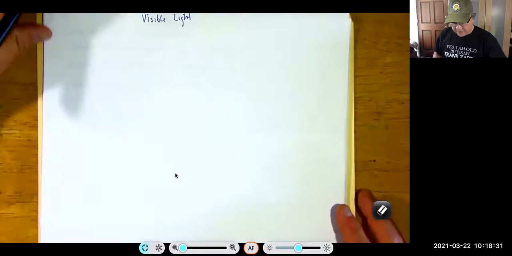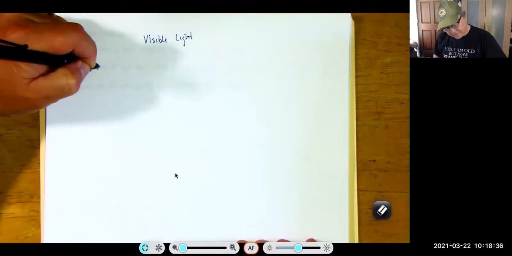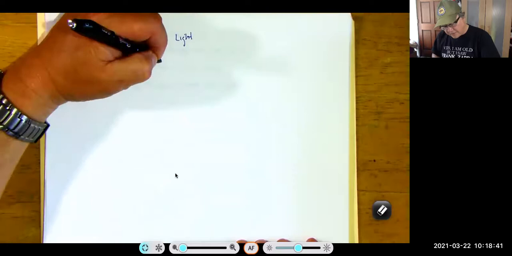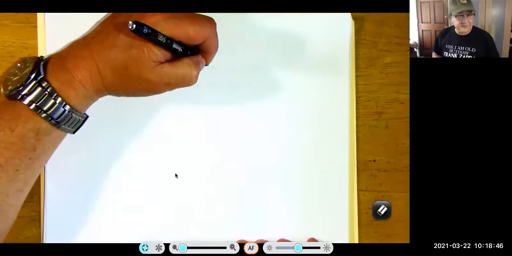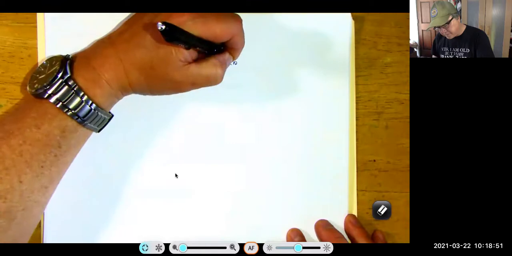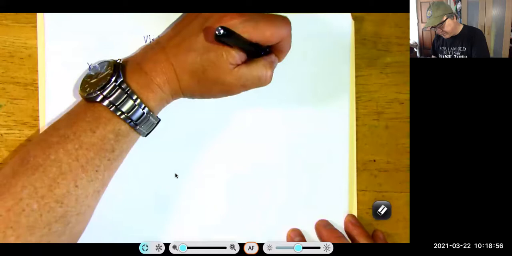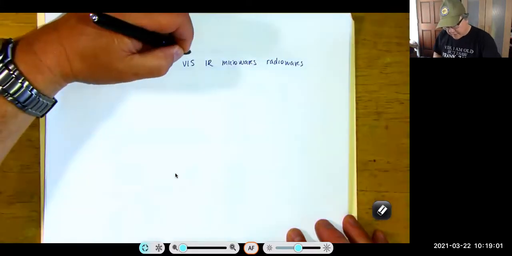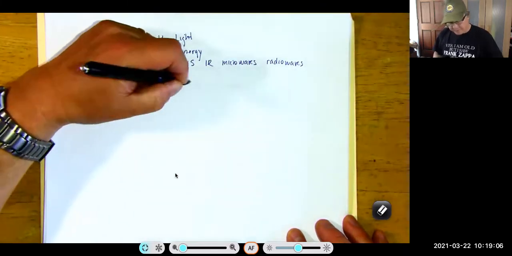So I'm going to repeat that little chart, and it's going to have gamma rays, X-rays, ultraviolet, visible, infrared, microwaves, and radio waves. Now remember, energy is to the left and wavelength is to the right.